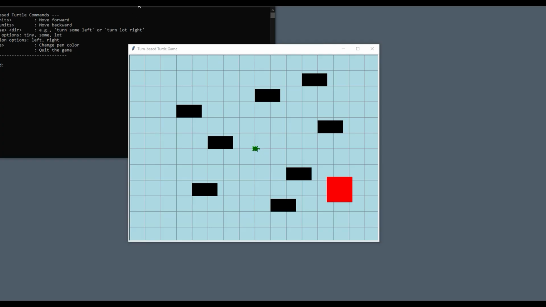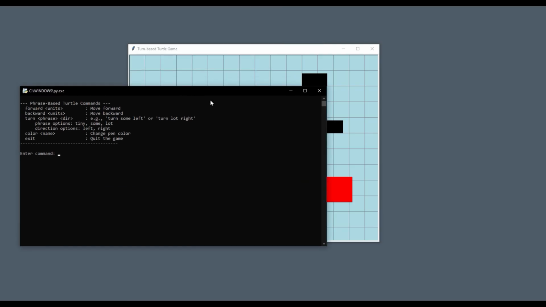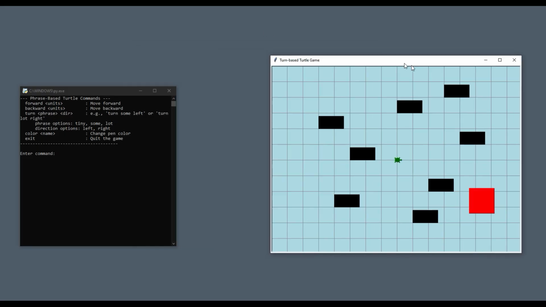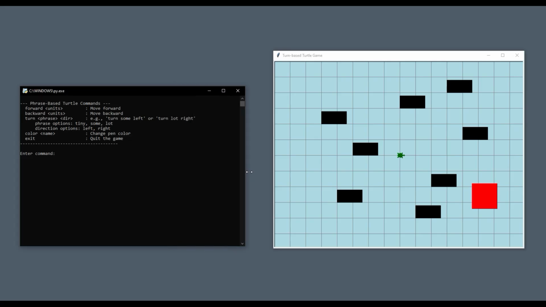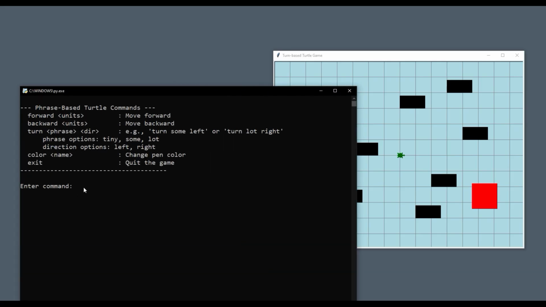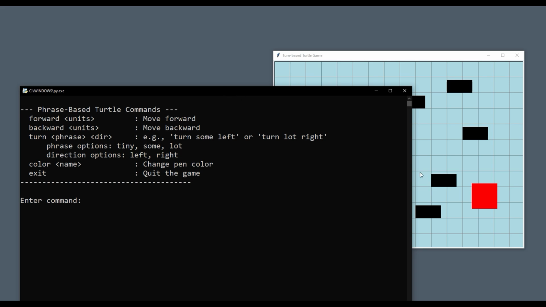So let me just make the turtle move. You have here our command center. This is where the turtle is. A bit of zoom will help you guys to see what I'm doing.